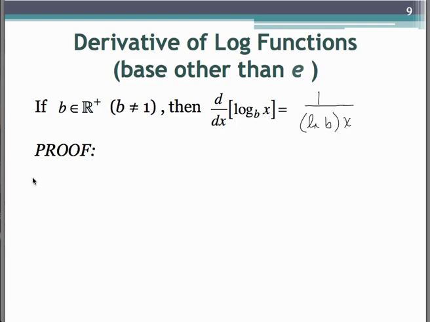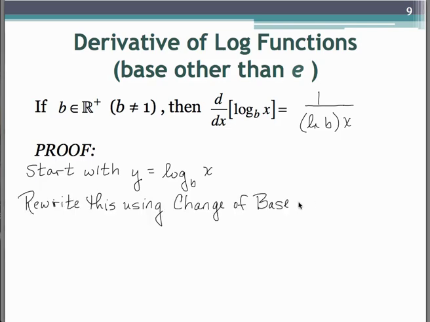All right, so let's go through a little mini proof. Let's start out with considering the equation y equals log base b of x. And since we've already discovered the rule for natural log of x, let's use the change of base formula to rewrite this.